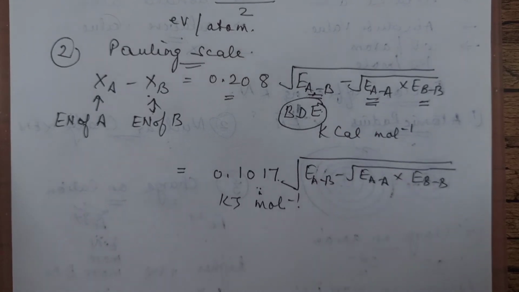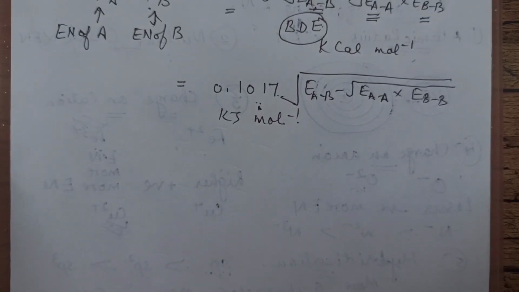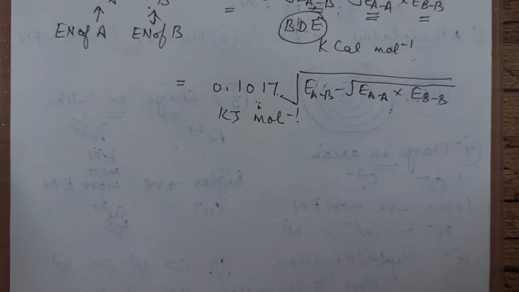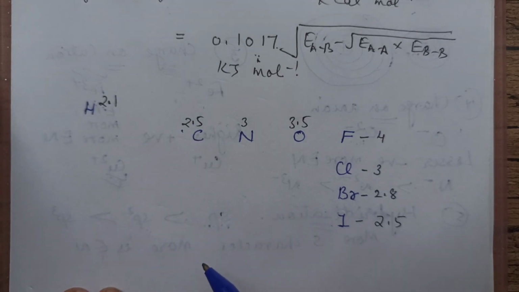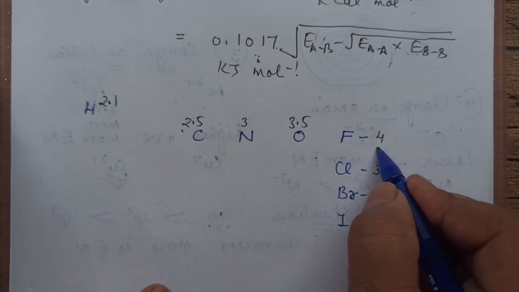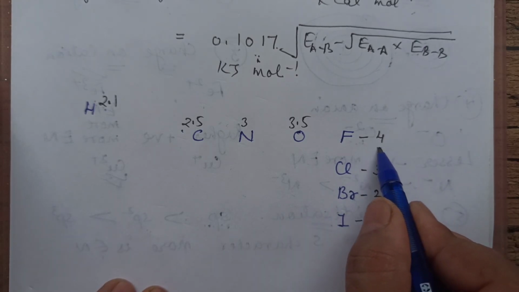Got it? Now on the basis of this, Pauling calculated the values. He took the reference of fluorine as constant. With that, we should be knowing their values. As per Pauling, he has calculated the values. Fluorine, he took reference. So using this, he put the other values. So fluorine is 4.